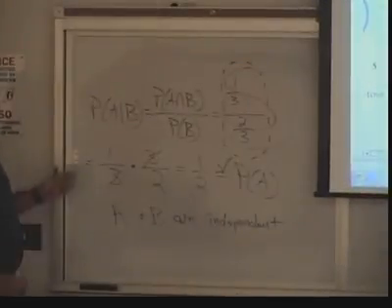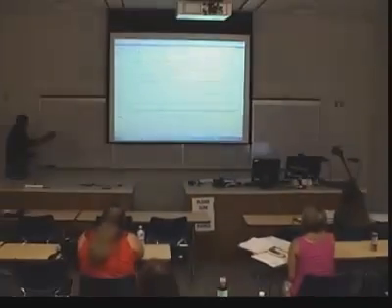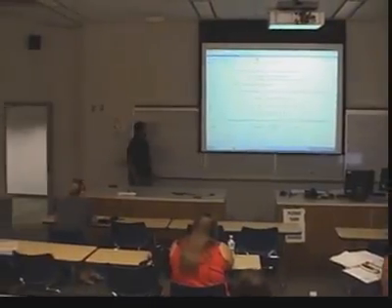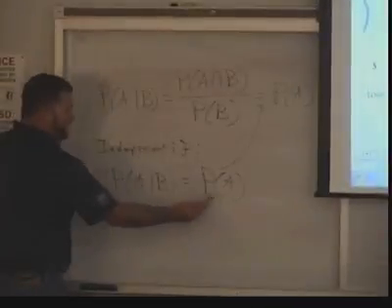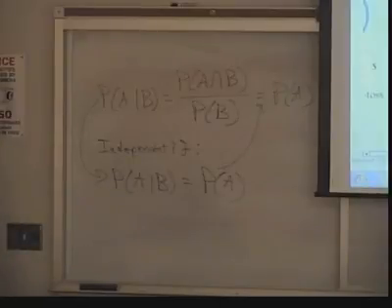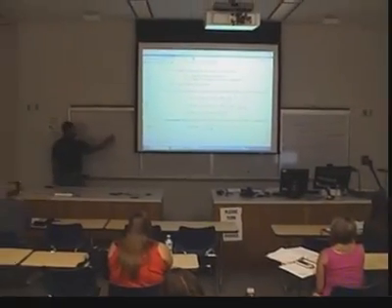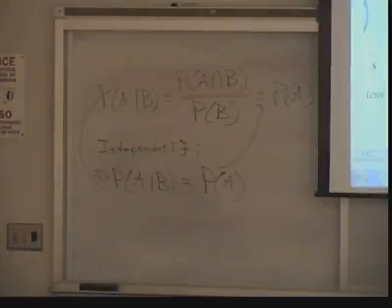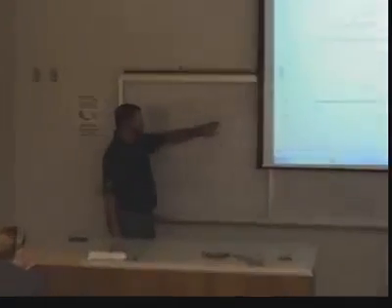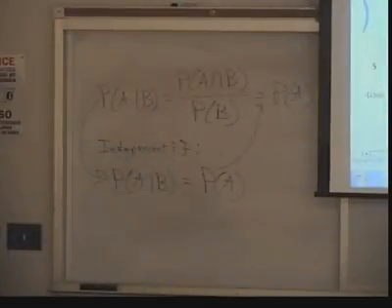If two events are said to be independent, we've talked about that: the probability of A given B has to equal the probability of A. Now, if I know that happens, and I know the probability of A given B is always equal to this, then that means this and this have to be equal. Does that make sense? If I know A and B are independent, then when I take the probability of A intersect B divided by the probability of B, it's always equal to the probability of A.